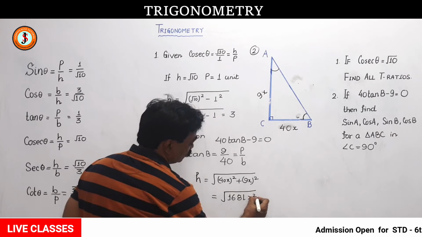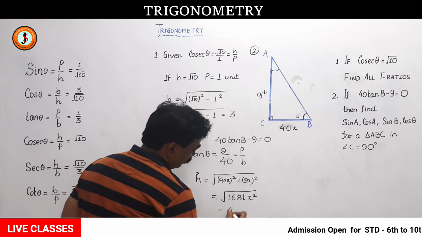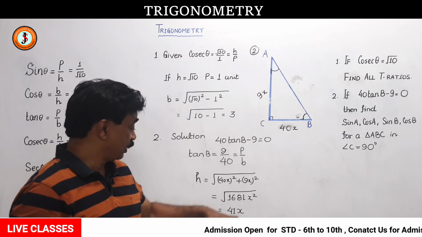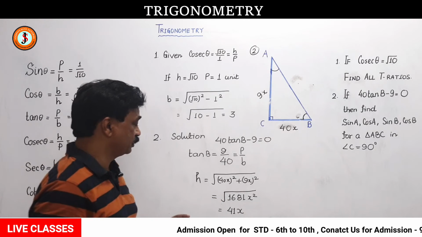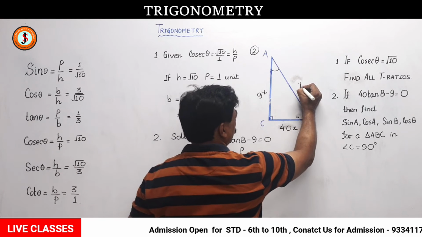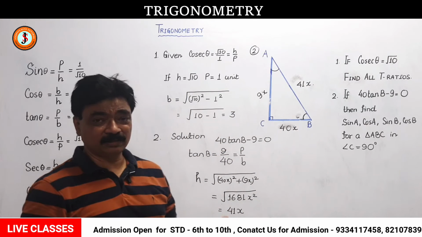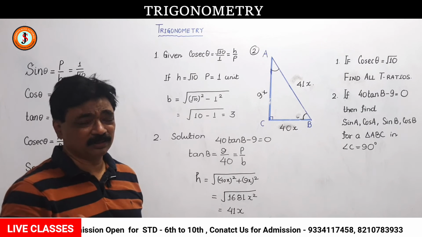So under root, 1681 means 41x. The root of 1681 is 41 and the root of x square is x. So we also got the hypotenuse as 41x. When we write the ratio, the factor x is already cancelled.